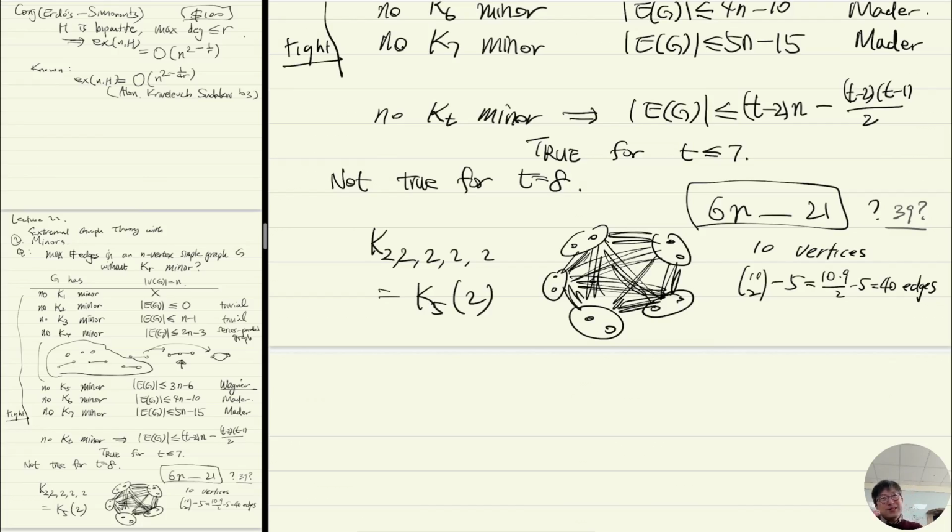Right. Suppose that I have a K8 minor. Now we have only 10 vertices. So among 10 vertices, most of them will be a single vertex here, right, except at most 2 vertices. So 8 vertices will be a single vertex.